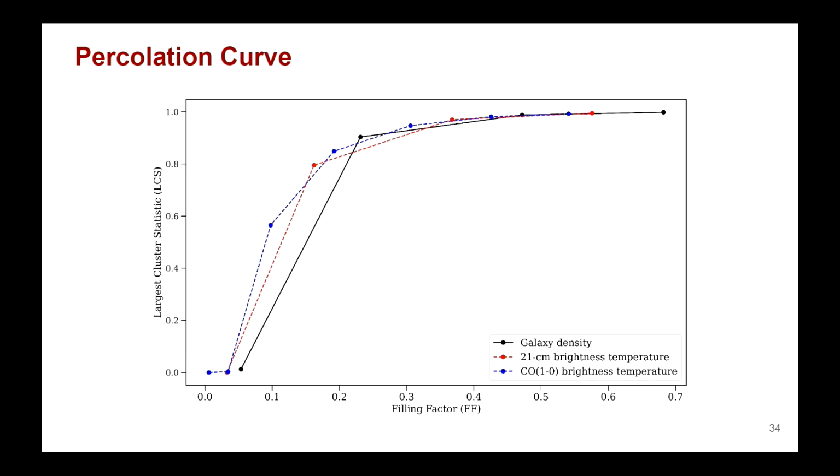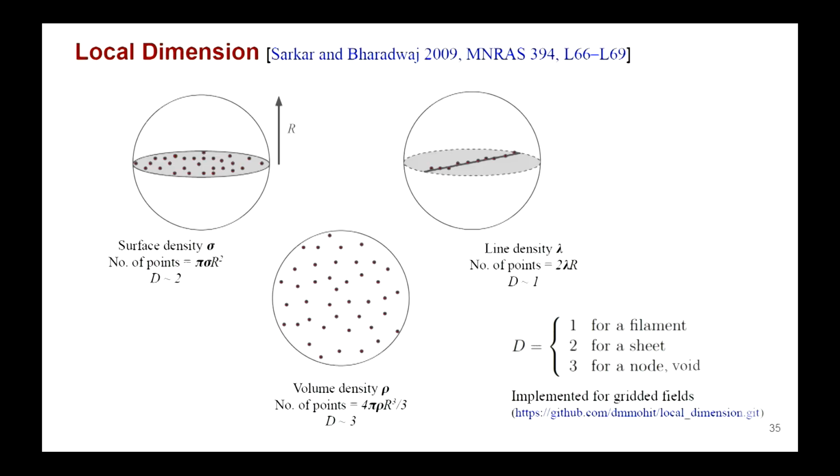So if you plot it and you see a sudden transition in largest cluster statistics at a specific value of filling factor, that tells you that the structure has percolated. So how many iterations do you need to get this percolation? That's the question we asked, and it turns out that, whether it is galaxy density or 21 centimeter brightness temperature, they more or less percolate at almost the same filling factor, whereas the CO percolation happens a bit later.